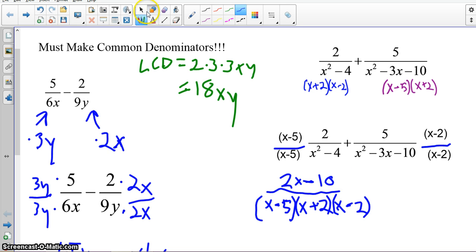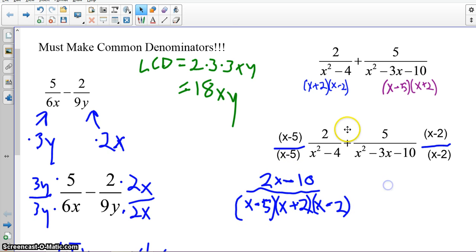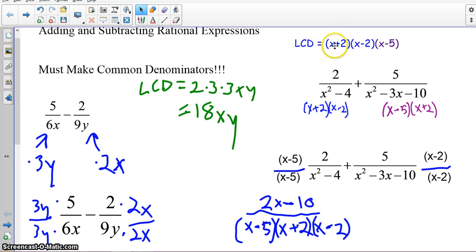So it might be a little confusing potentially here, but hopefully not. That's the least common denominator. It's in a different order, but it's x plus 2, x plus 2, x minus 2, x minus 2, x minus 5, x minus 5. And then we do a plus, same thing.